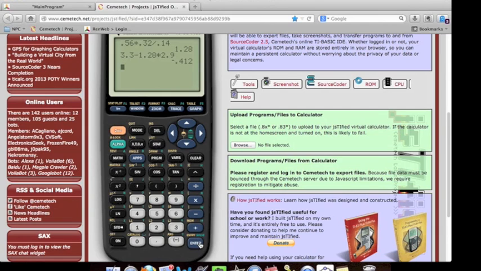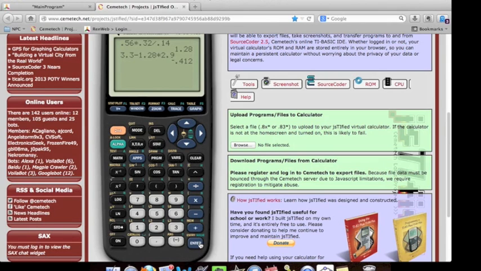Enter. And that gives me my a value of negative 0.412. So my equation would then be y hat equals negative 0.412 plus 1.28x.